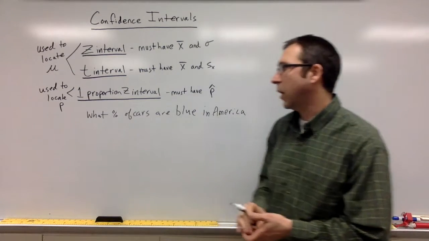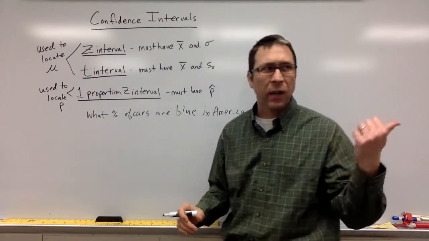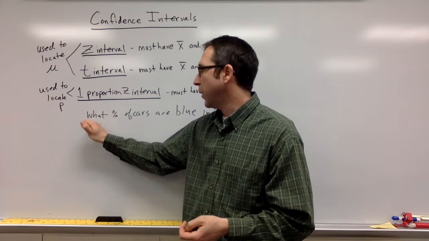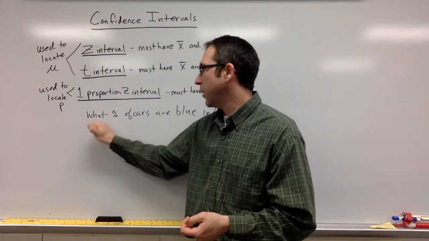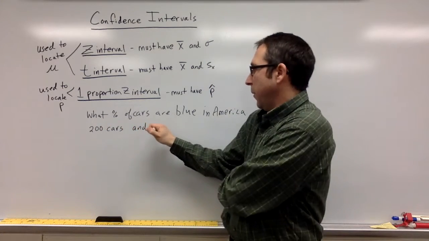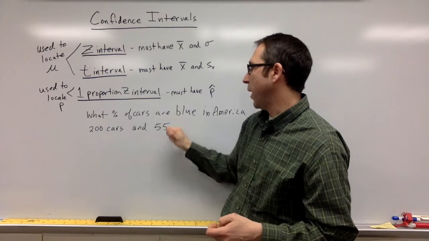So I don't have to count every single car in America. Instead, I could just use a sample. So suppose I take a look at the parking lot outside, and I walk through the parking lot, and I count up that there are a total of 200 cars, and I find that, let's say 55 of them are blue.